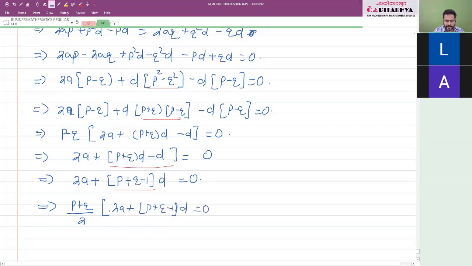So in the formula Sn equals n by 2 into 2A plus n minus 1 into D, with n equal to P plus Q, the expression SP plus Q is equal to 0.